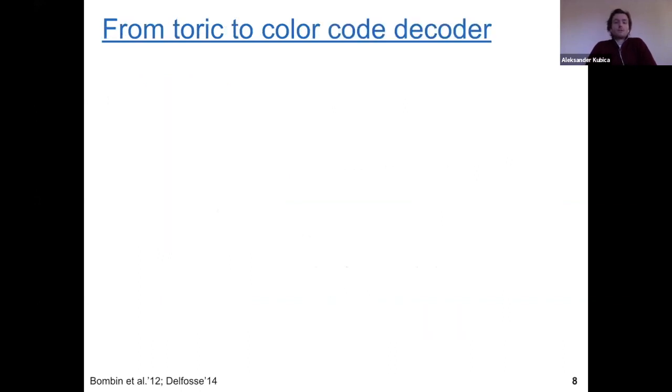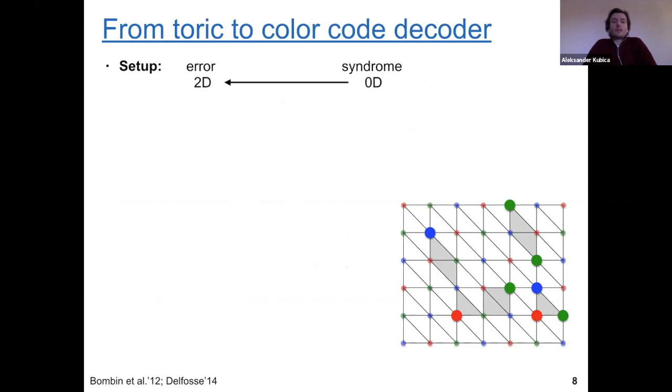So let me remind you what the setup is. In the system, there are some errors which are identified with subsets of triangular faces. This is some two-dimensional object. But what we know is the syndrome. The syndrome is a zero-dimensional object. It's the locations of point-like excitations.